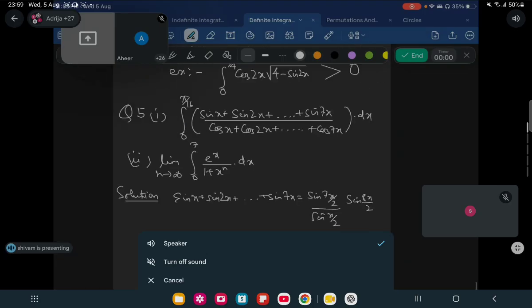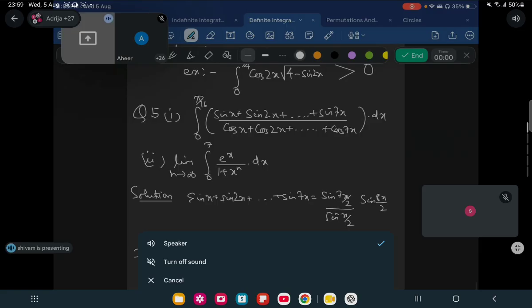So the whole thing becomes integral from 0 to pi by 16 of sine 7x by 2 divided by sine x by 2 into sine 4x, divided by the same thing for the cosine series, cos 7x by 2 divided by cos x by 2, into cos 4x. Are you getting it, yes or no? These two get cancelled.